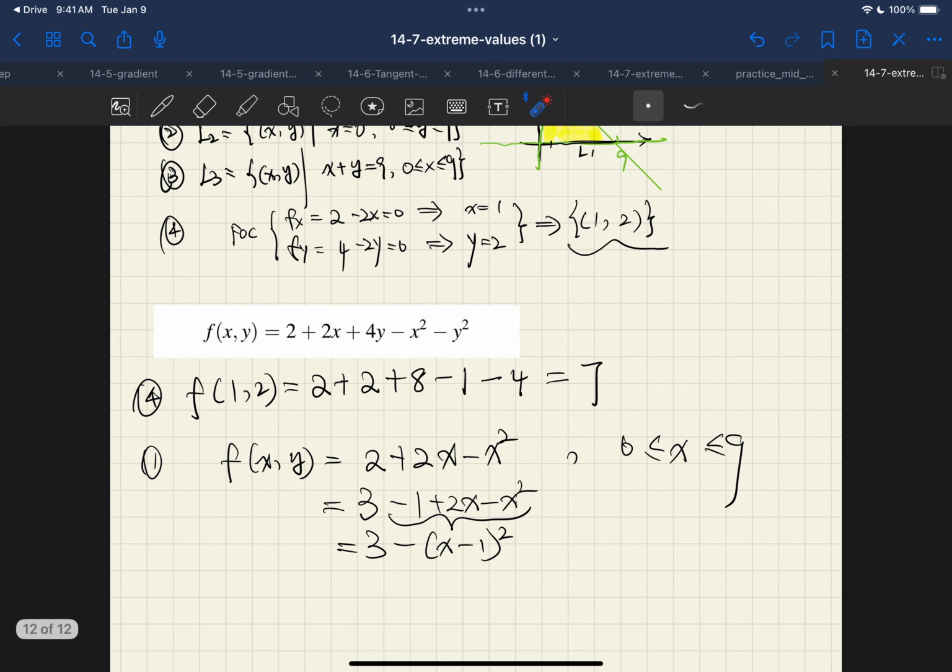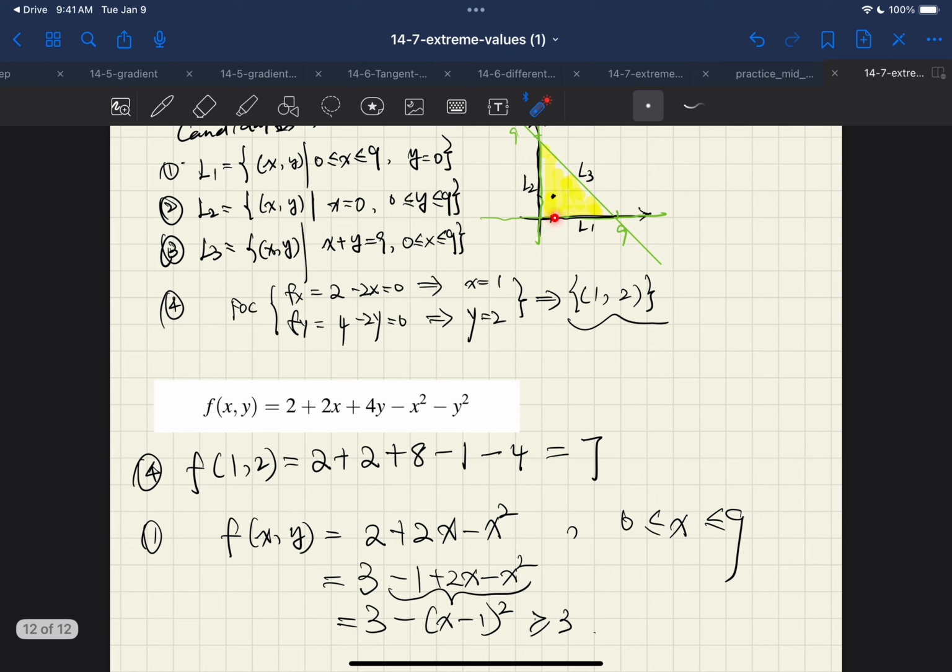And we know that this square is non-negative, so 3 minus some non-negative number is less than or equal to 3, and the equal sign happens when x equals 1. So at x equals 1 and y equals 0, at this point you have a local maximum.